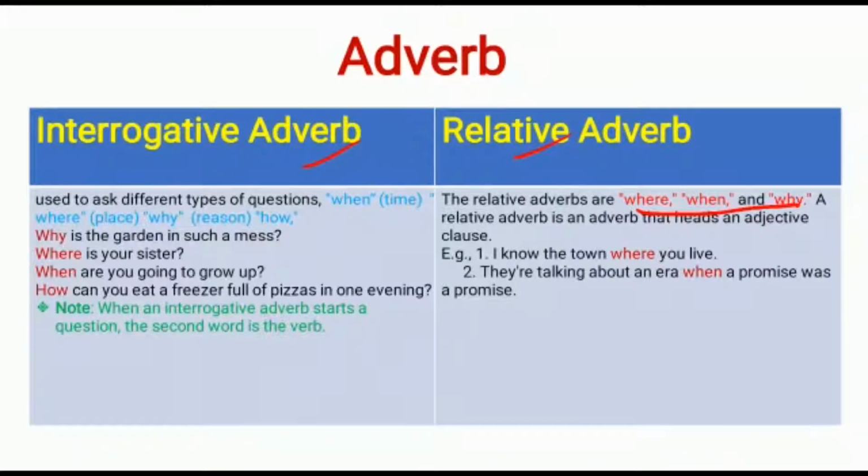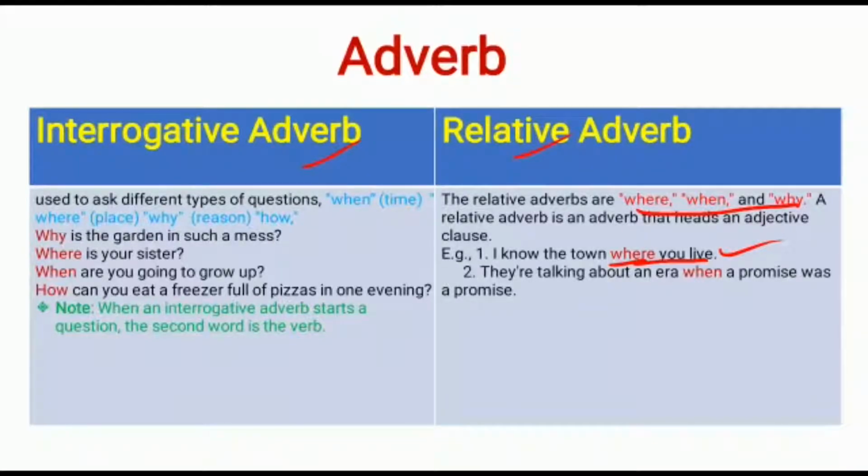As you can see in the example, I know the town where you live. Here the adverb where is not used for asking a question, but it is used as a conjunction which is modifying an adjective clause, where you live. Now why is it an adjective clause?